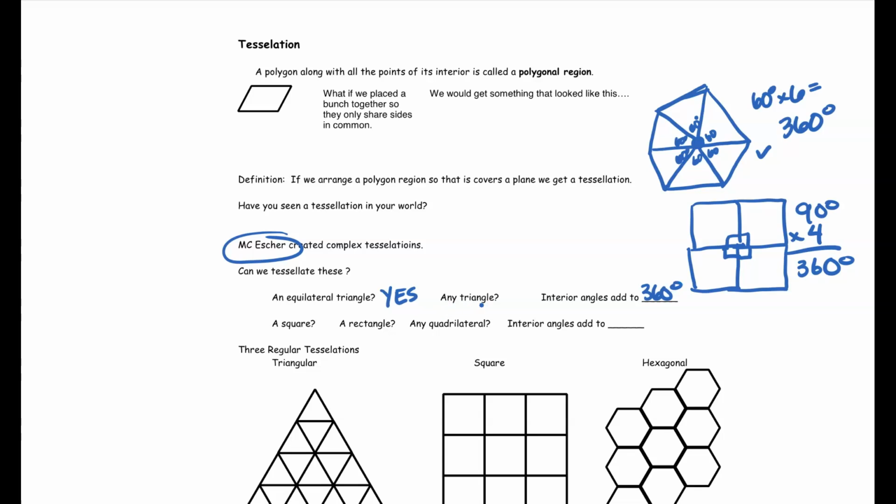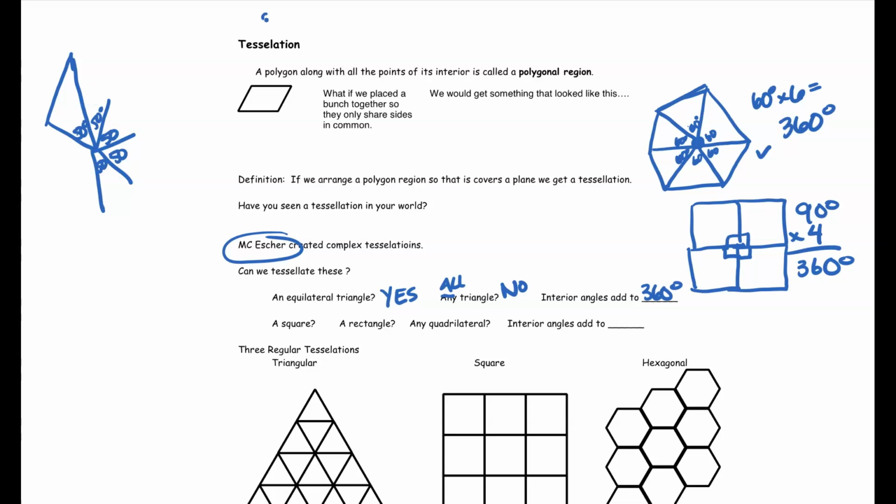Will any triangle tessellate? Let's ask if all triangles will tessellate. The answer is no, not all triangles, because some triangles are going to have different angle measures that won't make 360. If you take a triangle where one of the vertex angle measures is 50 degrees, when you add up 50 over and over again, you can get close to 360.